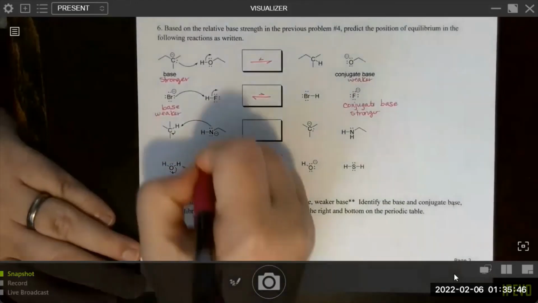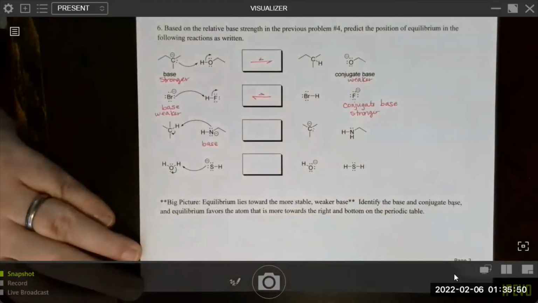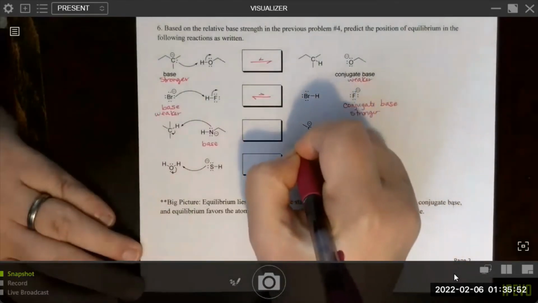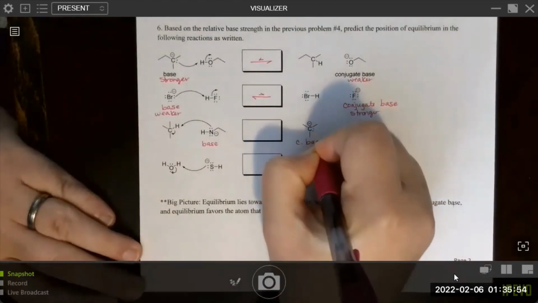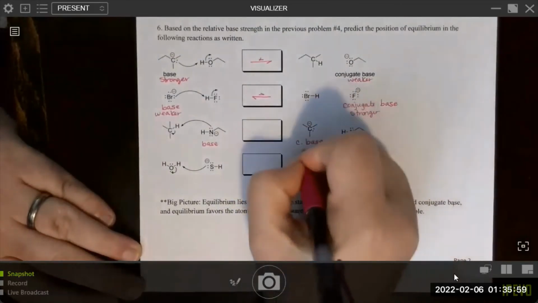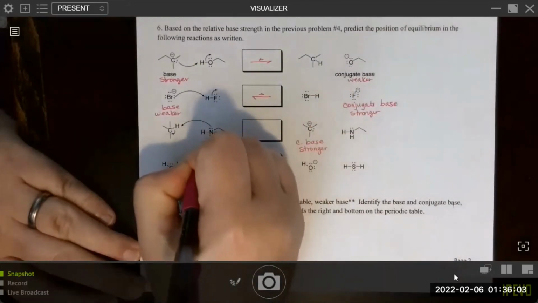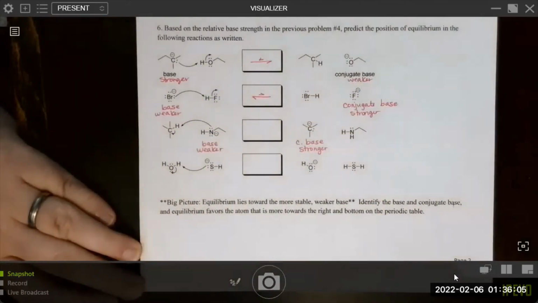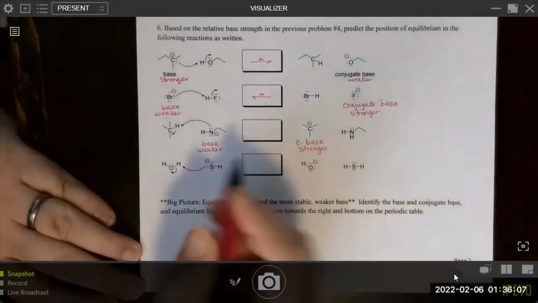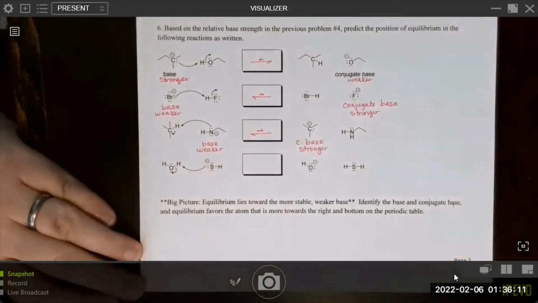Next, we have this nitrogen base versus carbon as the conjugate base. Again, carbon with a negative charge will be stronger than nitrogen. Remember that we're going for the weaker. We should predict our equilibrium that way.